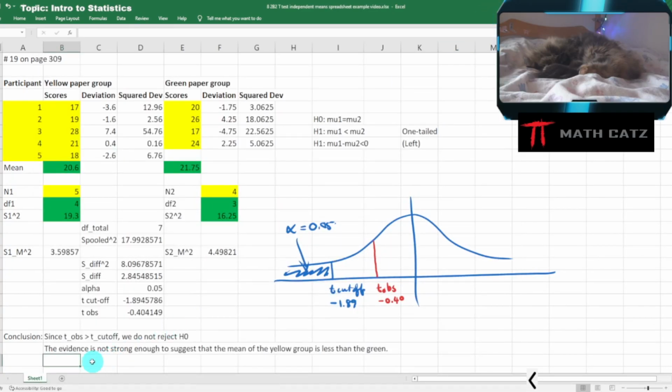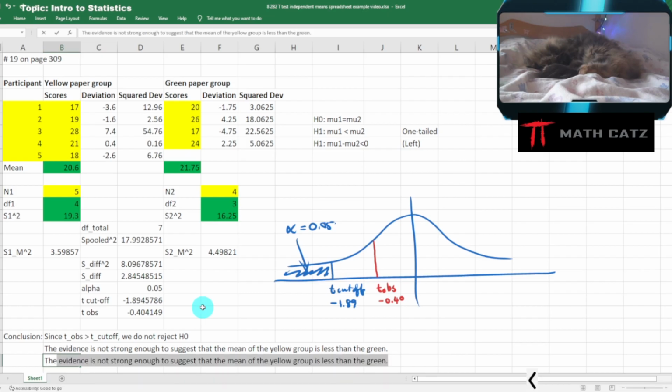So yes, we have sort of the mathematical, statistical language of saying these things, and it's always nice to be able to phrase it in words that the original question uses. The evidence is not strong enough to suggest that yellow paper reduces anxiety compared to green paper.